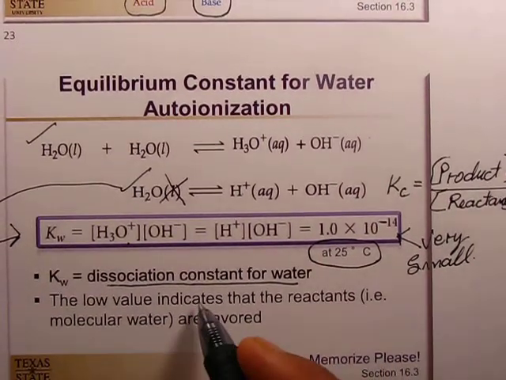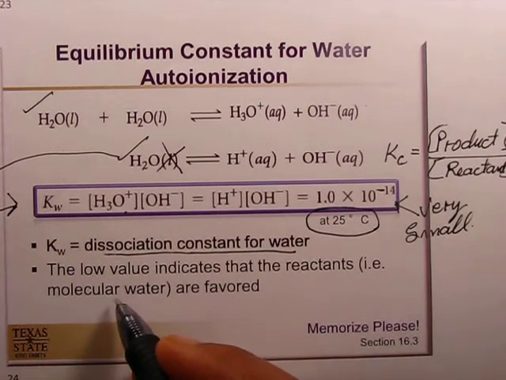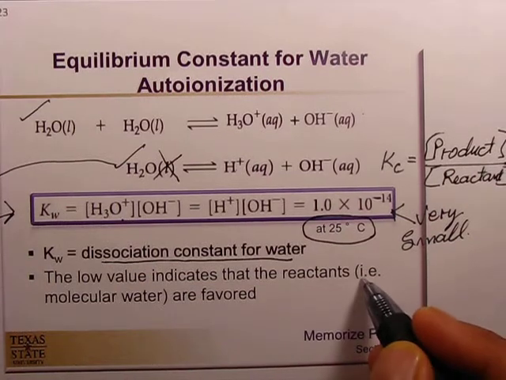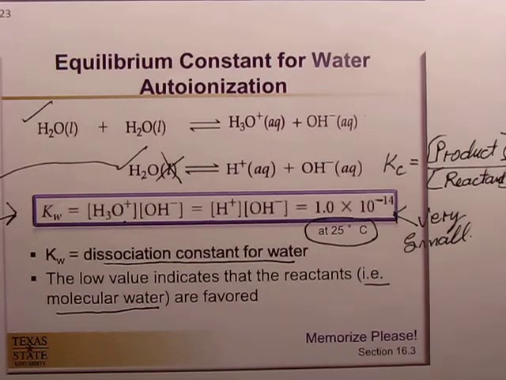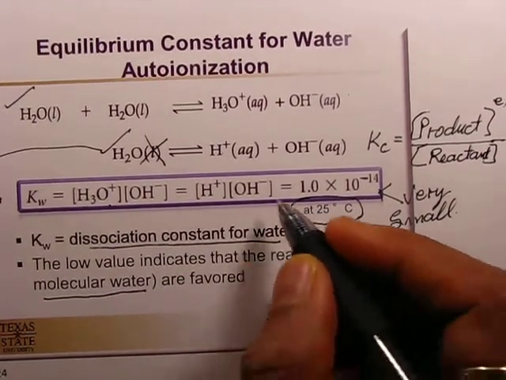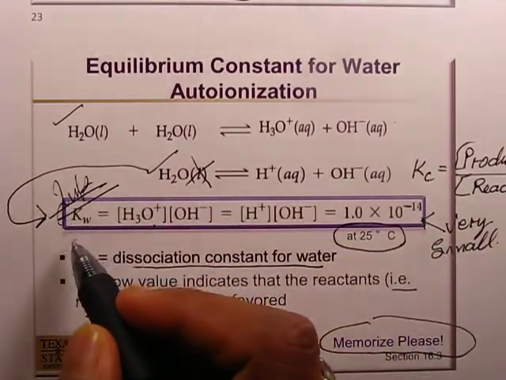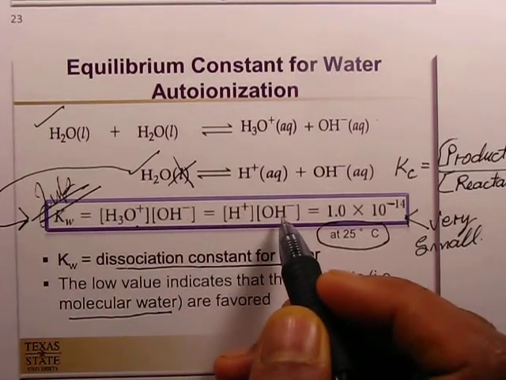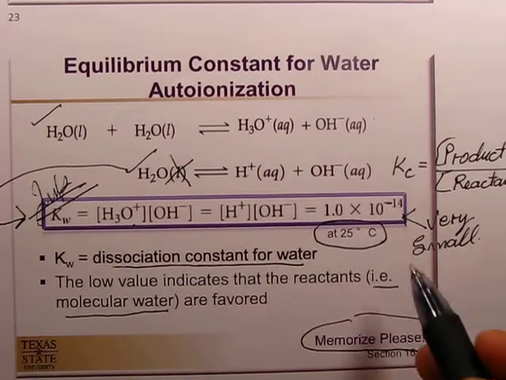So the low value indicates that the reactants are favored, meaning if you have water molecules, mostly they will remain in the molecular form. This you have to memorize: Kw is the product of hydrogen ion and hydroxyl ion concentrations, equal to 1.0 times 10 to the minus 14 at 25 degrees Celsius.